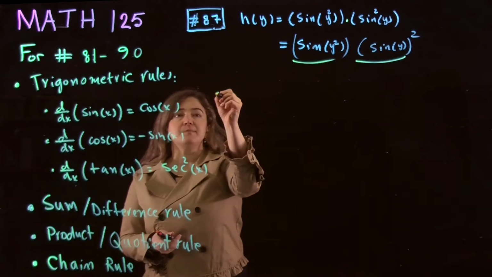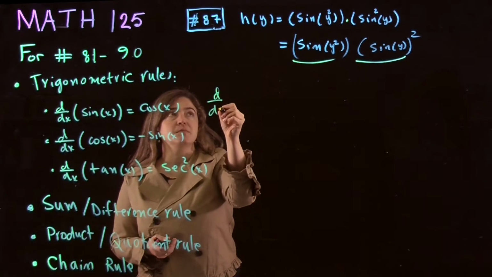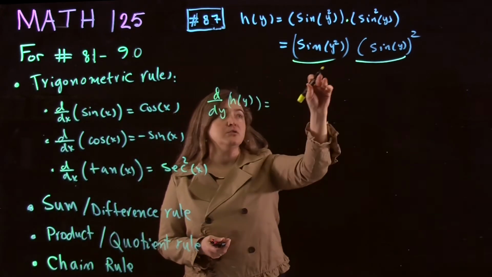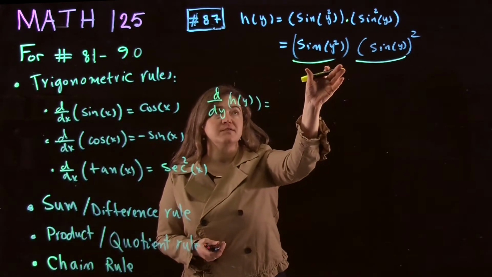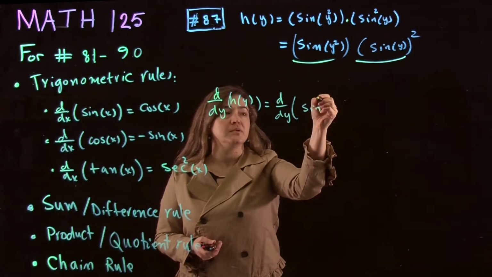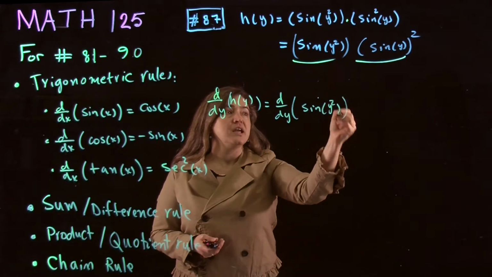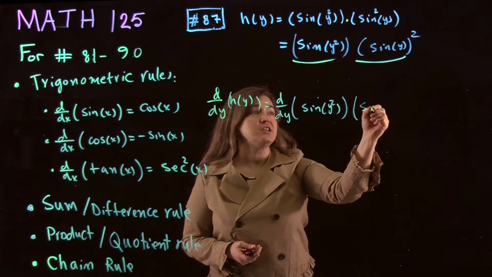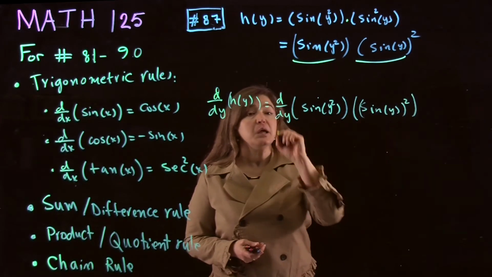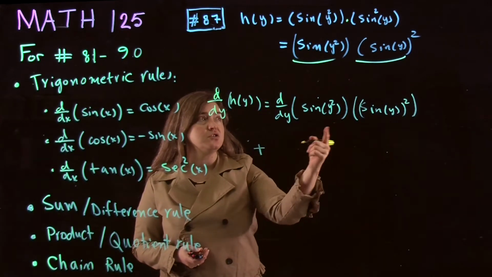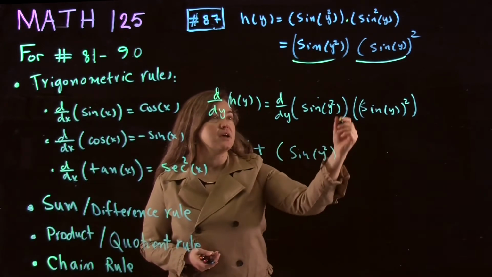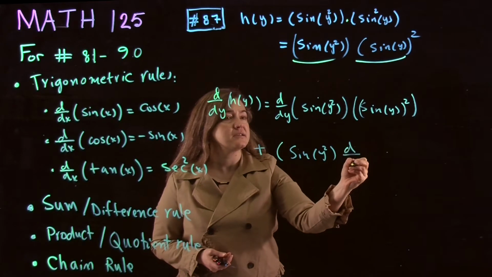So the derivative with respect to y of h of y is going to be equal to the derivative of the first factor times the second factor unchanged, plus the first factor times the derivative of the second factor.